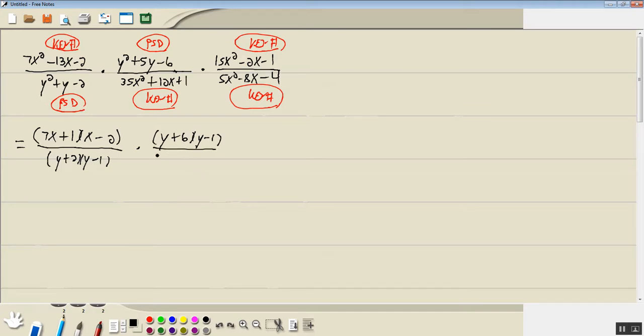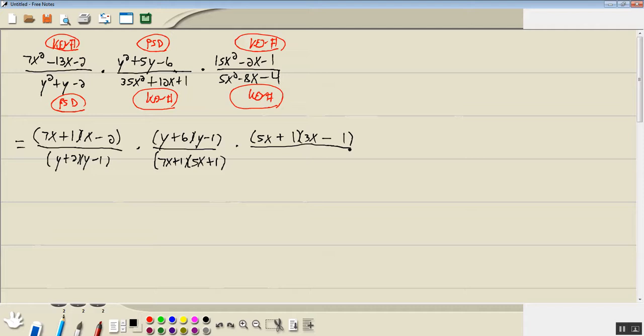This one factors as 7x plus 1 times 5x plus 1. This one factors as, let's see, 5x plus 1 times 3x minus 1.